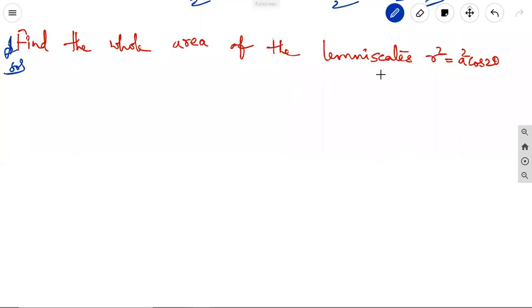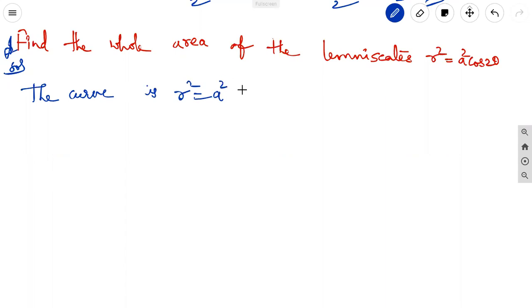Find the whole area of the lemniscate r square equal to a square cos 2 theta. Here, first of all, the given curve is r square equal to a square cos 2 theta. It is symmetrical about both coordinate axes.